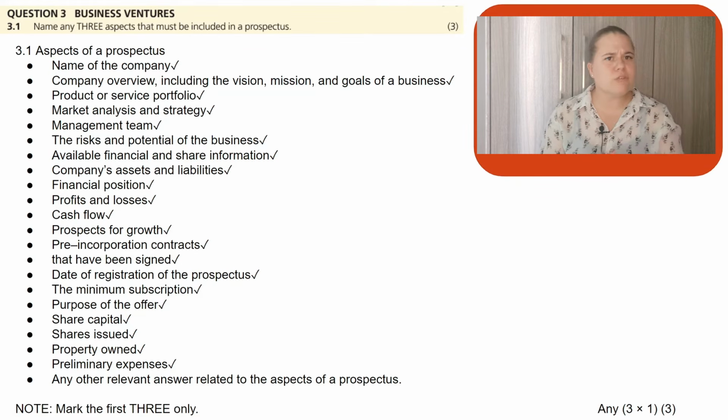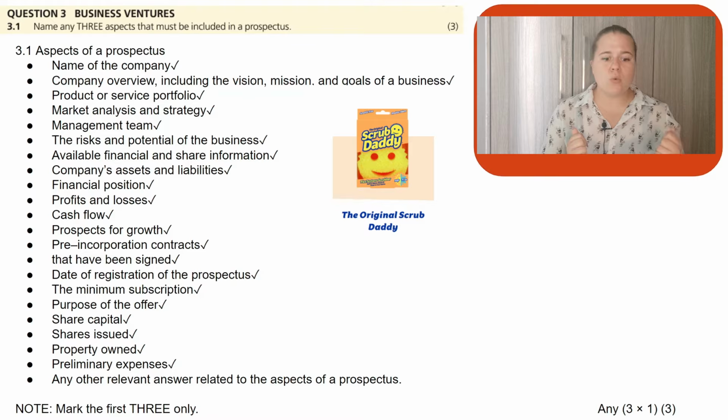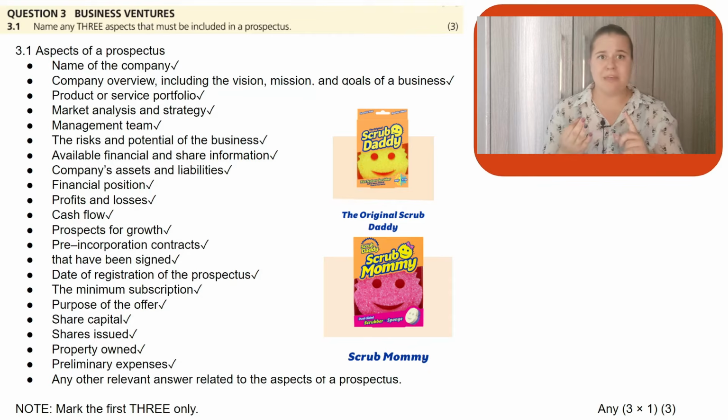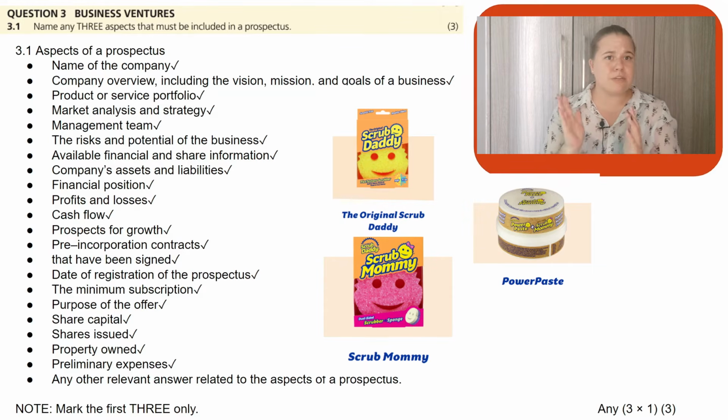So I was looking the other day, I use this as an example a lot while I'm teaching, is the company Scrub Daddy. So with that company, it literally started with a yellow sponge with 2 eyes and a mouth. That was it. If you look at their product portfolio now, there's Scrub Daddy, there's a Scrub Mommy. I think there's one that has 2 different sides to it that can scrub differently. There's another one that looks similar to Handy Andy.